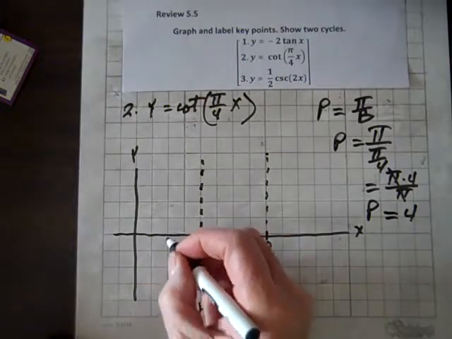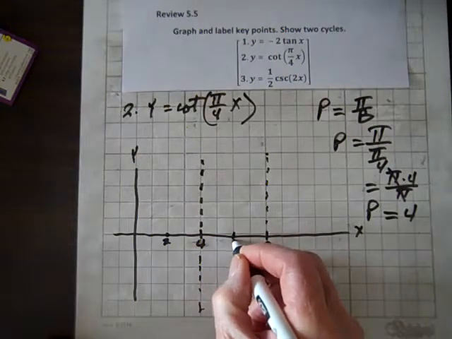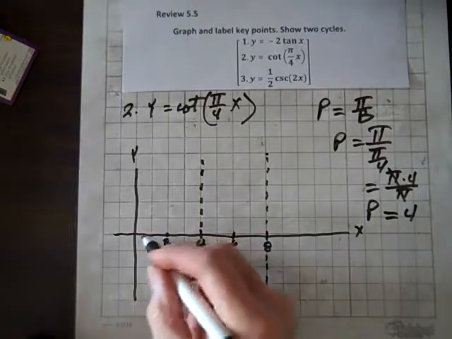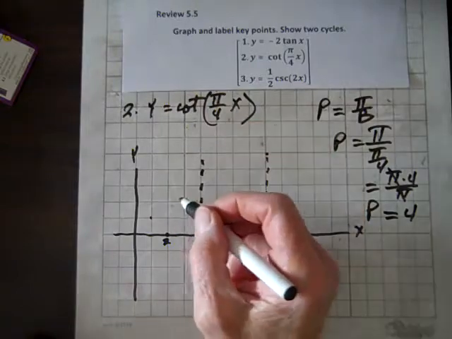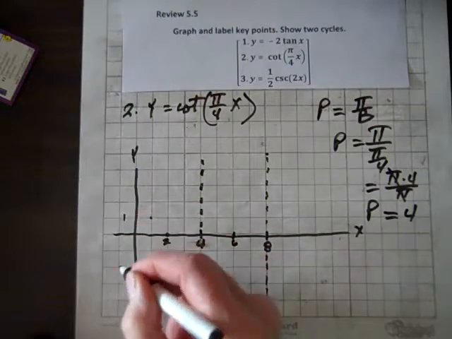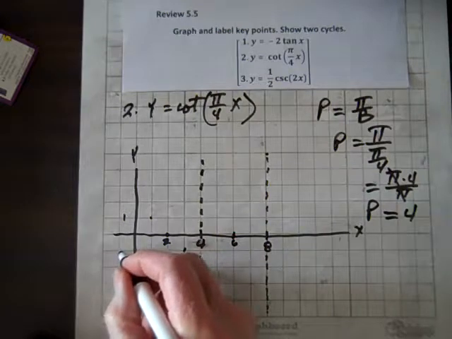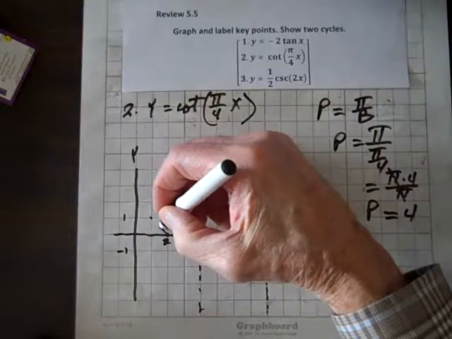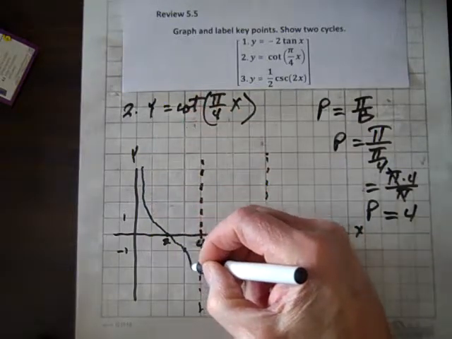And then our intercepts are going to be halfway between, so this will be 2, and 2 plus 4 is 6. So we've taken care of that much. And we know halfway between these two, we're going to have a 1 and 1, and halfway between this will be -1. So let's just graph this thing, and it's going to look like that and like that.